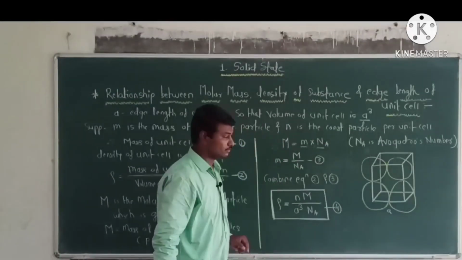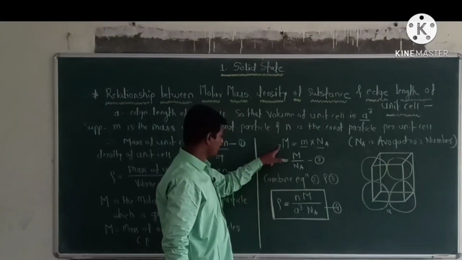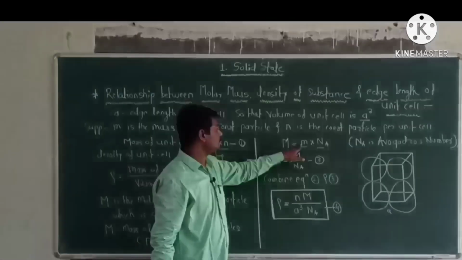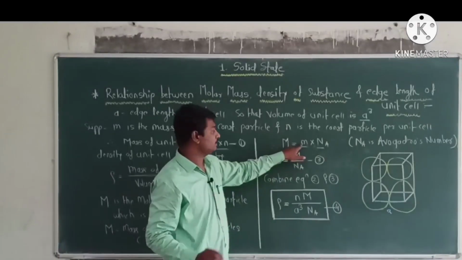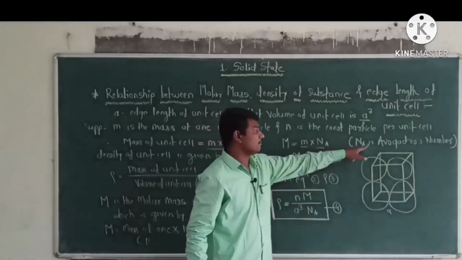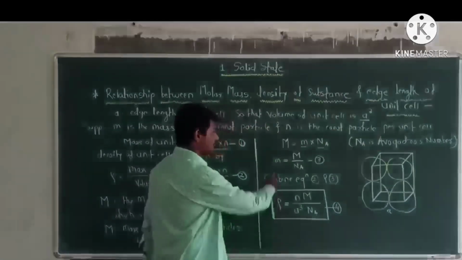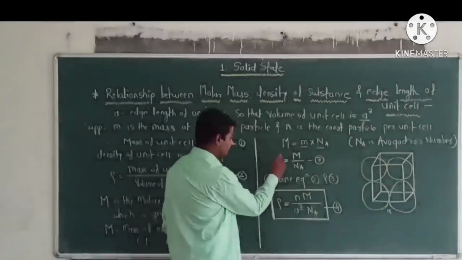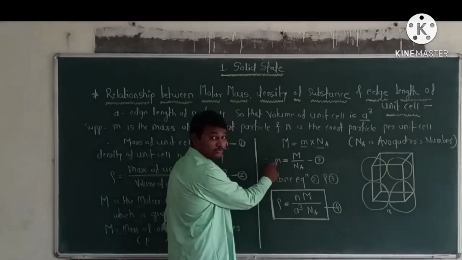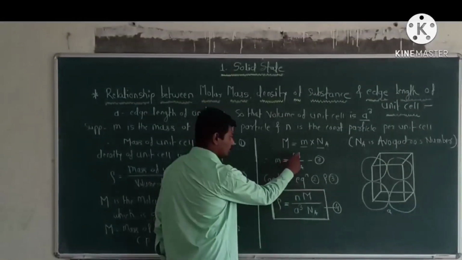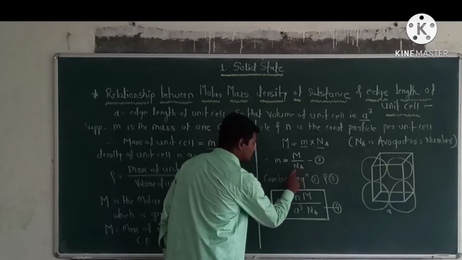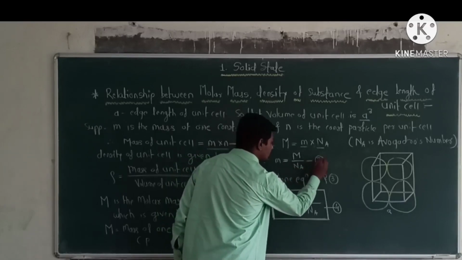Rearranging this equation, we get m, that is mass of constituent particle, is equal to molar mass divided by Avogadro's number Na. This is equation number 3.